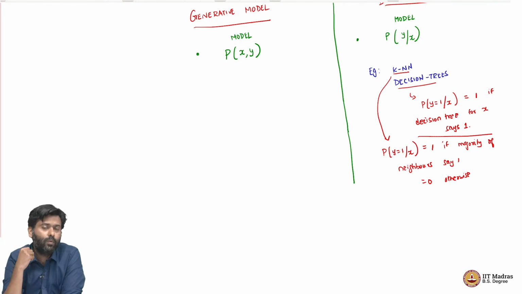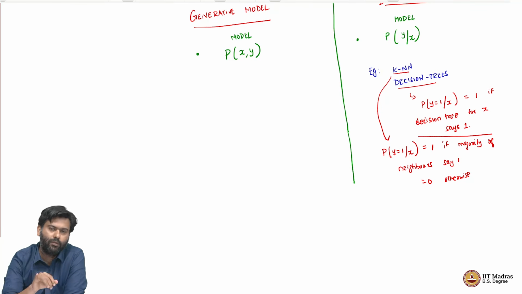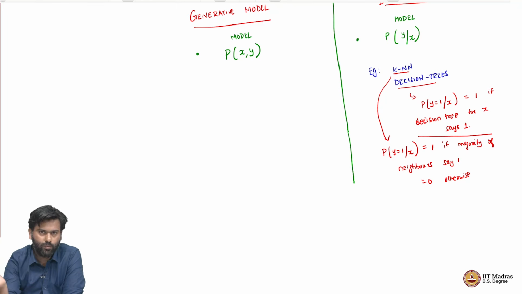So, these are deterministic mappings from input space to the output space. Input space is the features, output space is plus 1 or minus 1, or plus 1 or 0. So, all deterministic mappings fall under this category of p of y given x, because given an x, you are just saying what the y is. So, we have seen already two examples. Implicitly they are trivially discriminative models.